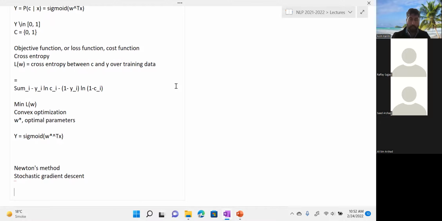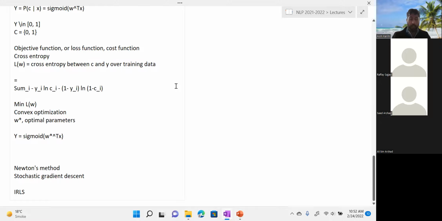Of course, in the neural network context, we usually use stochastic gradient descent. But if you look at logistic regression implementations in most toolkits, they will use Newton's method, tweaked a little in terms of gradient descent or the least squares problem, and that particular technique is called iterative reweighted least squares.